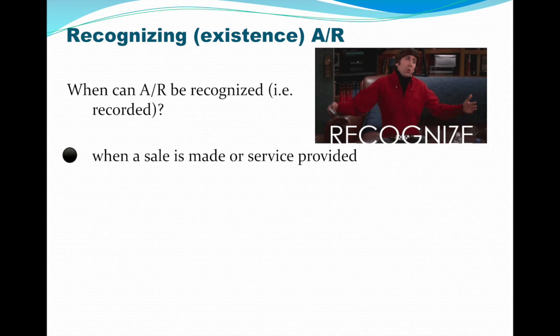So when can AR be recognized? Recall from the revenue recognition principle that depending on when a sale is made or a service is provided, that's when we record the accounts receivable. We don't record that we actually have the money, we record the transfer under the element accounts receivable. Now, accounts receivable, or AR as it appears here, is a debit account.